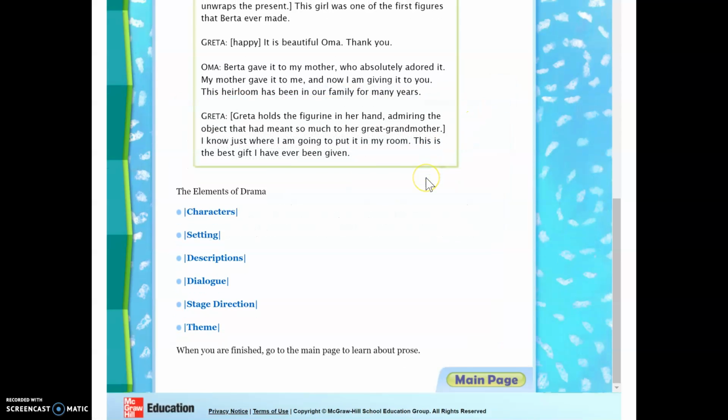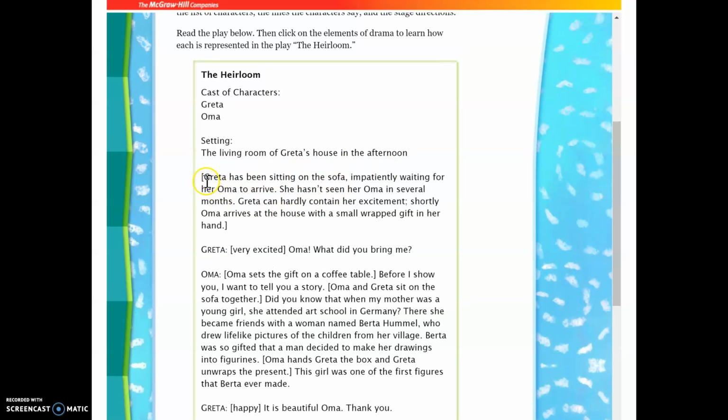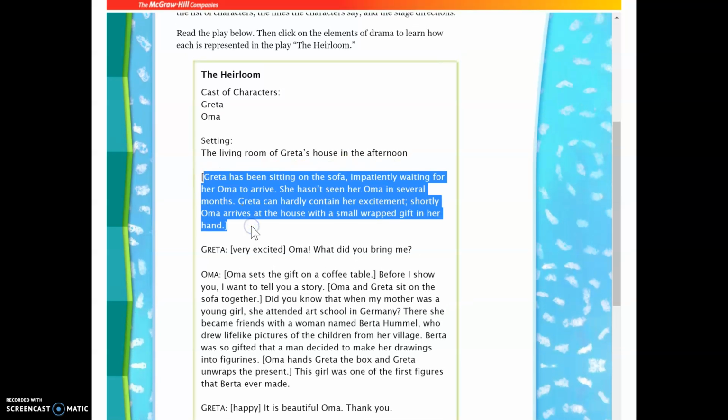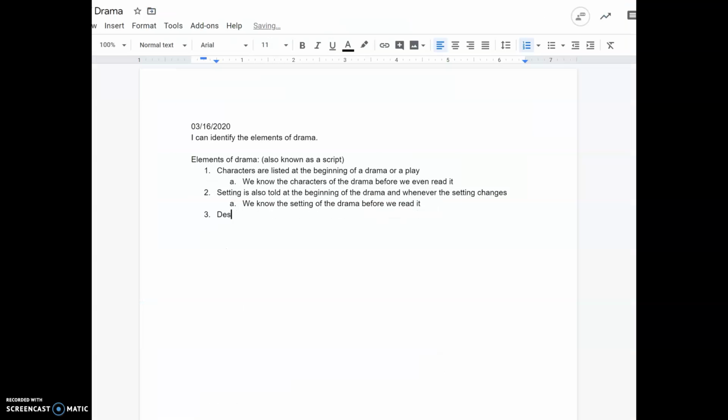Indeed. So let's look up here. Right here, it gives you the whole description before we ever even read it. It sets us up for what Greta and Oma are doing. Cool. So element number 3, description.